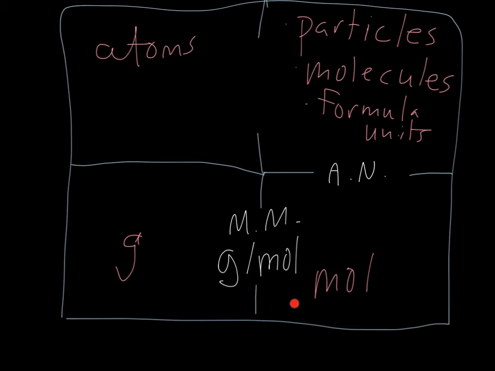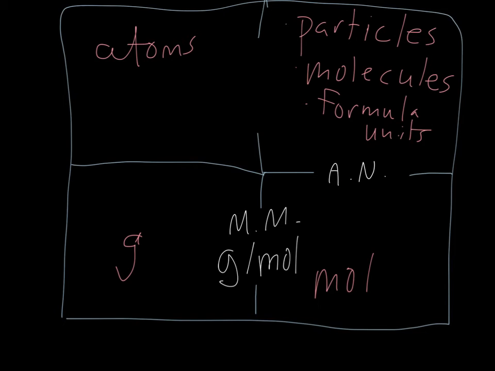So if I know the amount of moles, say it's 2 moles, well then it's 2 times 6.02 times 10 to the 23rd molecules. And that will tell me how many molecules. If I know the molecules, I can get to moles. Let's not worry about numbers right now. Just know that you can go from molecules to moles or from moles to molecules using Avogadro's number.